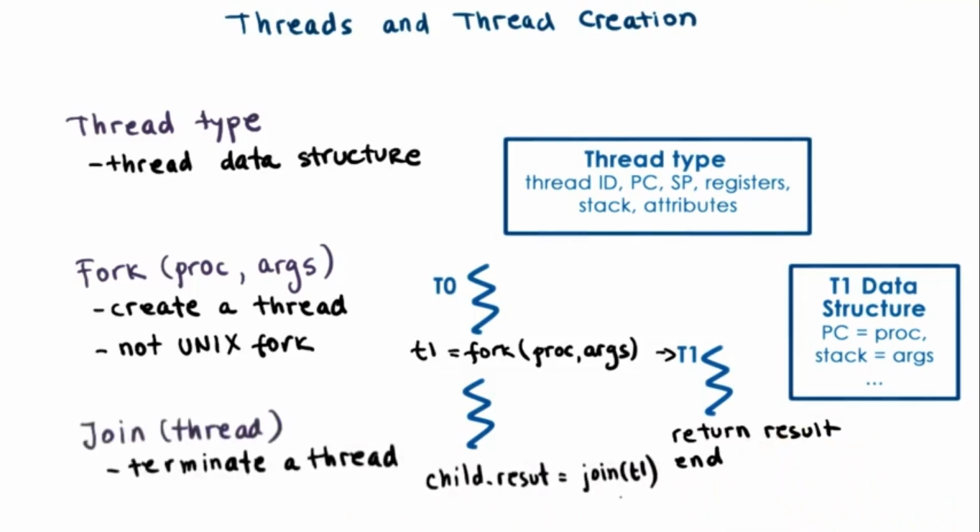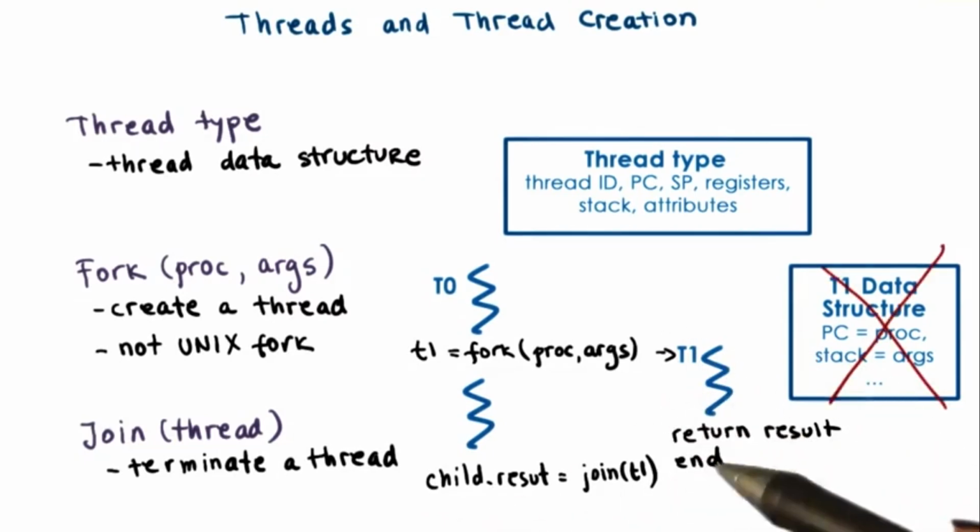To deal with this issue, Birrell proposes a mechanism he calls join. It has the following semantic. When the parent thread calls join with the thread ID of the child thread, it will be blocked until the child completes. Join will return to the parent the result of the child's computation.